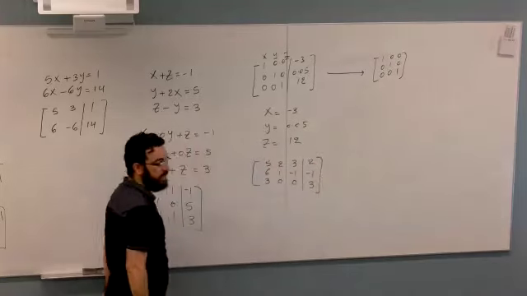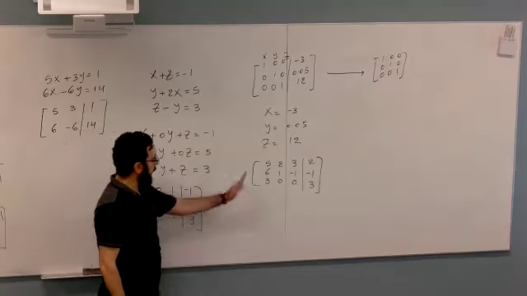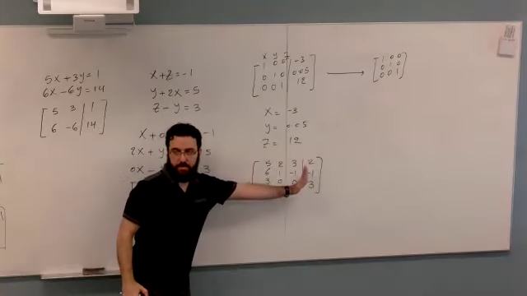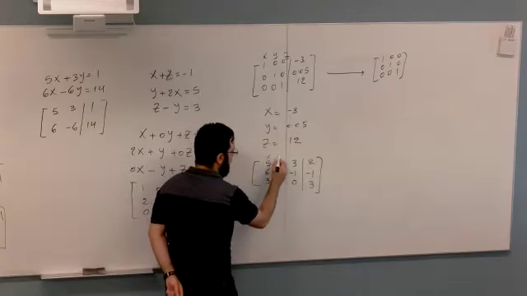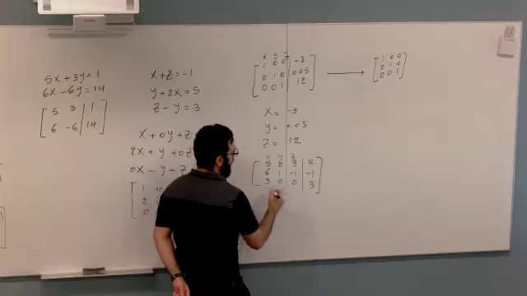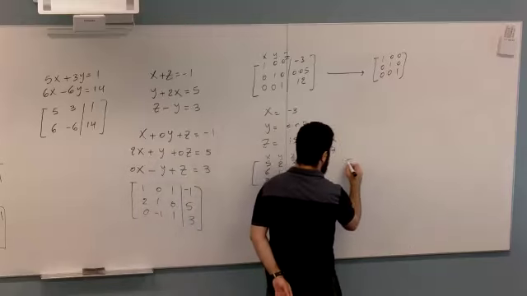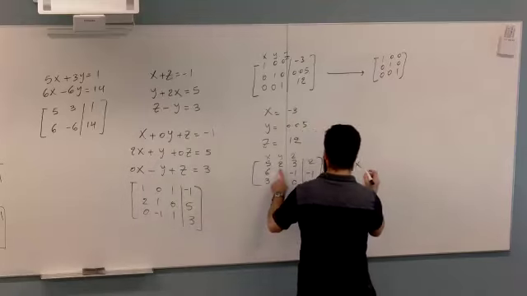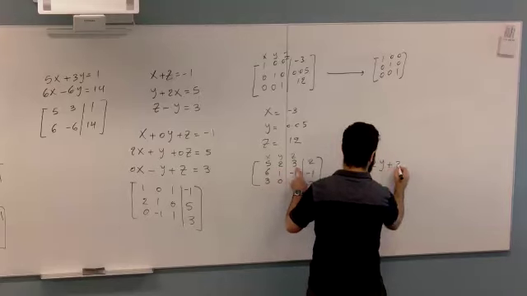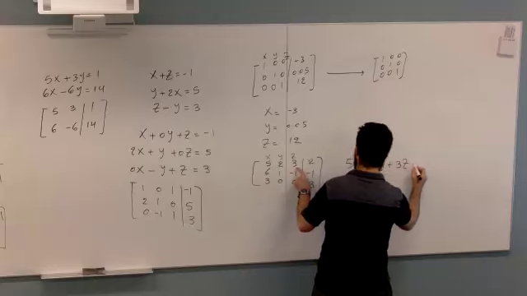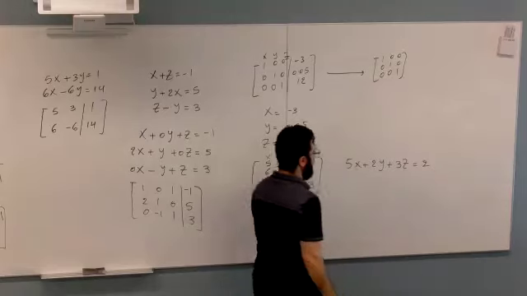I ask you to write down the system with X, Y, Z. So to write down the system, this is X, this is Y, this is Z. It's going to be what? 5X plus 2Y plus 3Z equal what? 2. Is that okay?